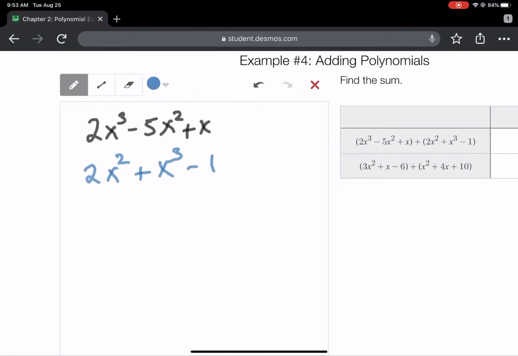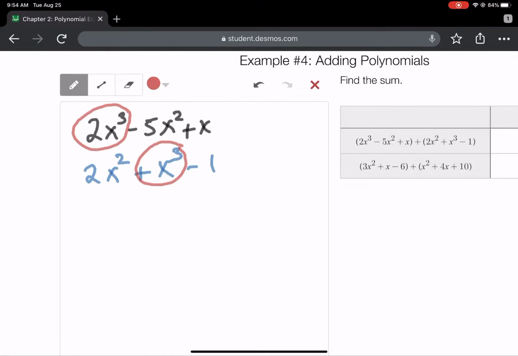Okay, so the difference between adding normal numbers and adding polynomials is that I can only add the terms together that have the same degree. So what I'm going to have to do here is identify the parts that I can add with each other. So I can take this part and add it to this one because they both have x to the power of 3.